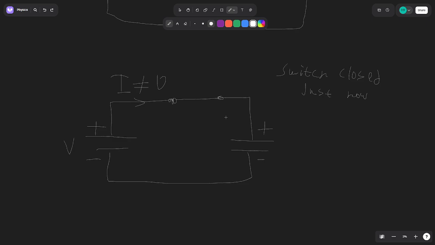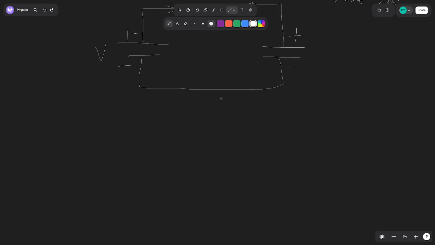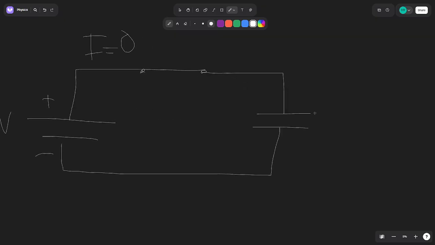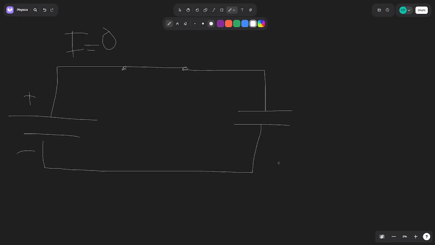But what about a long time later? It's still closed. Is there any current? No. Why? The current here equals 0 again because the capacitor has a gap here, right?